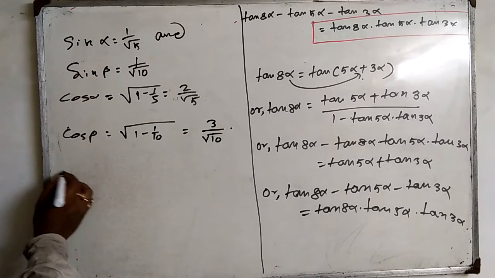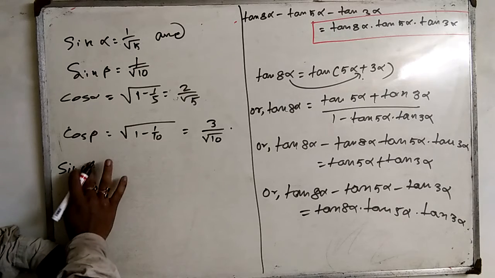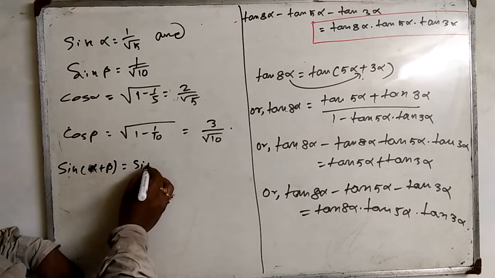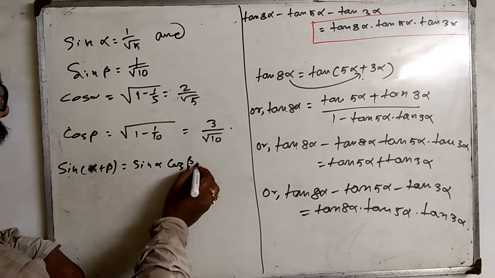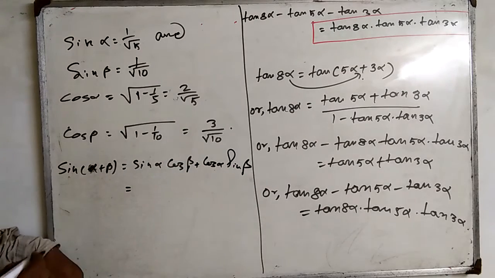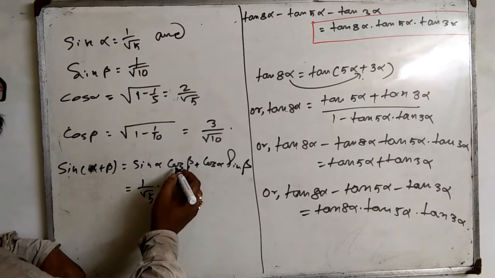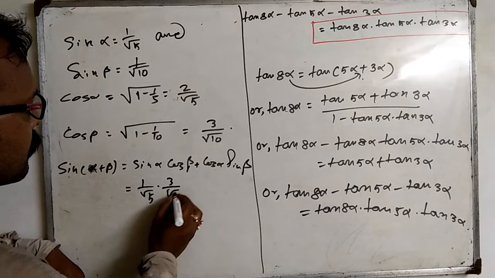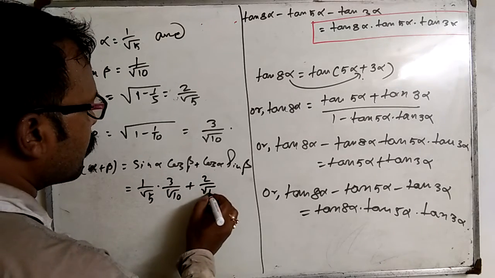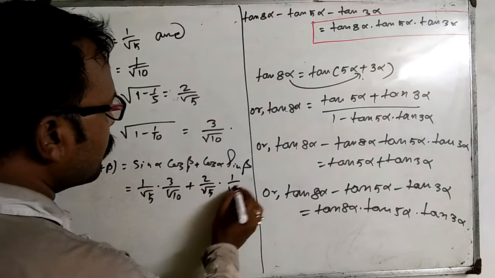Now start the problem. Either sin a plus b, or sin alpha plus beta, or cos alpha plus beta. So sin alpha cos beta plus cos alpha sin beta. Sin alpha 1 by root 5 into cos beta 3 by root 10 plus cos alpha 2 by root 5 into sin beta 1 by root 10.